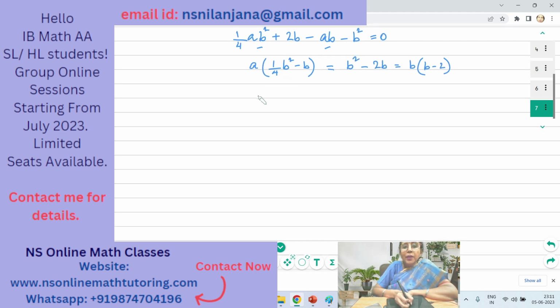And this part can be simplified as 4 becomes the common denominator, and it is b square minus 4b is equal to b times b minus 2.